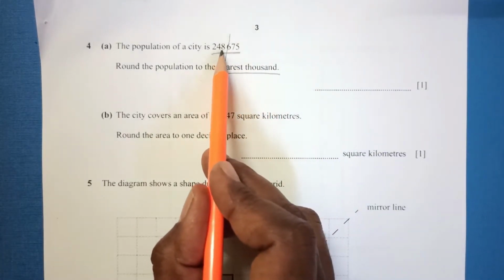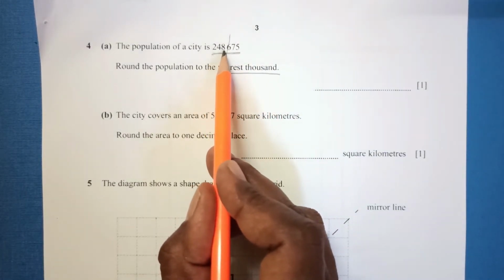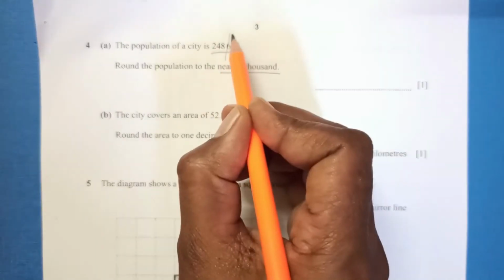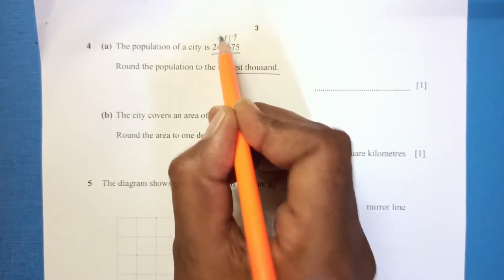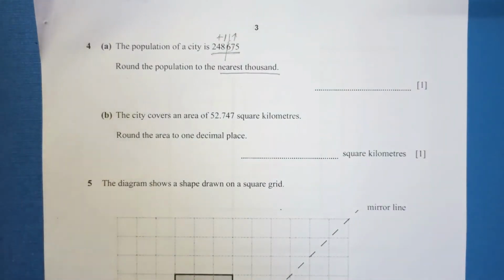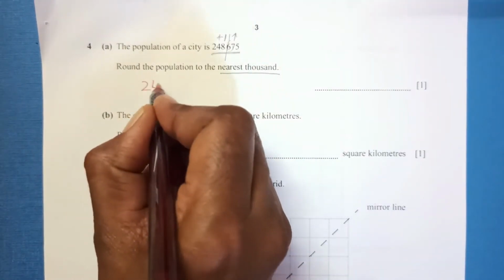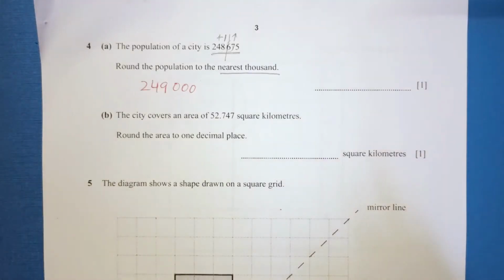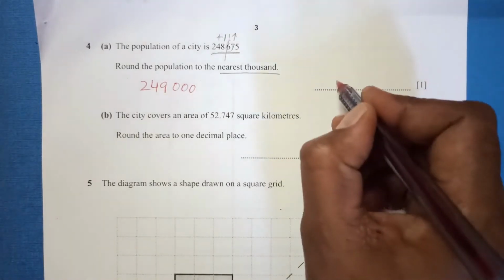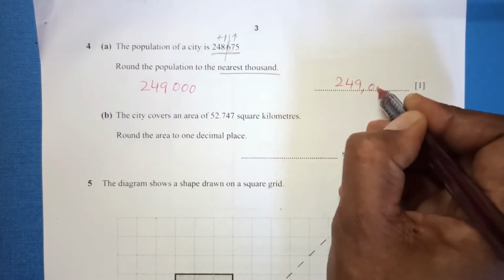You can see this is the 1000 place, 248,000. This 6 is more than 5, so we'll round up. So we will add 1 here. So our answer will become 249, then these digits we are going to make 0. So this is our final answer, 249,000.